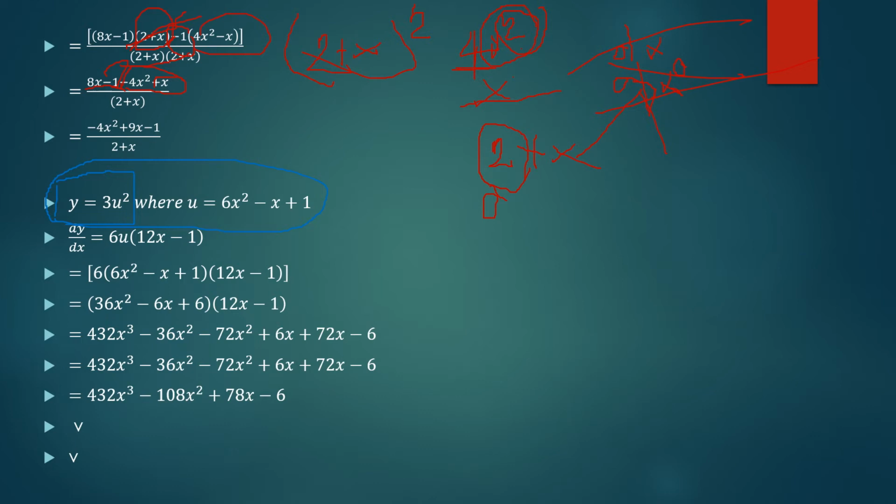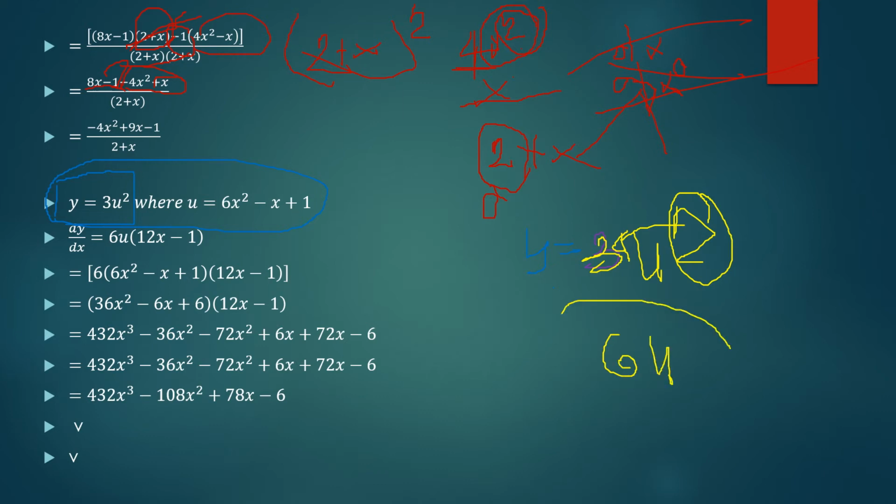If we have here a function which is 3u squared, and the question said, what is the derivative with respect to u? It is just simply getting the exponent and multiplying it to the coefficient, and we have 6u. And that's it. That's the final answer.